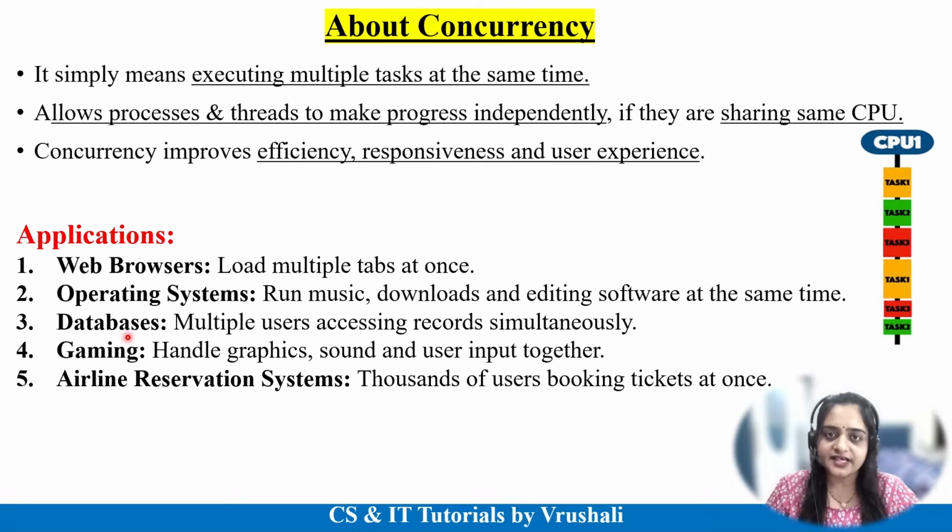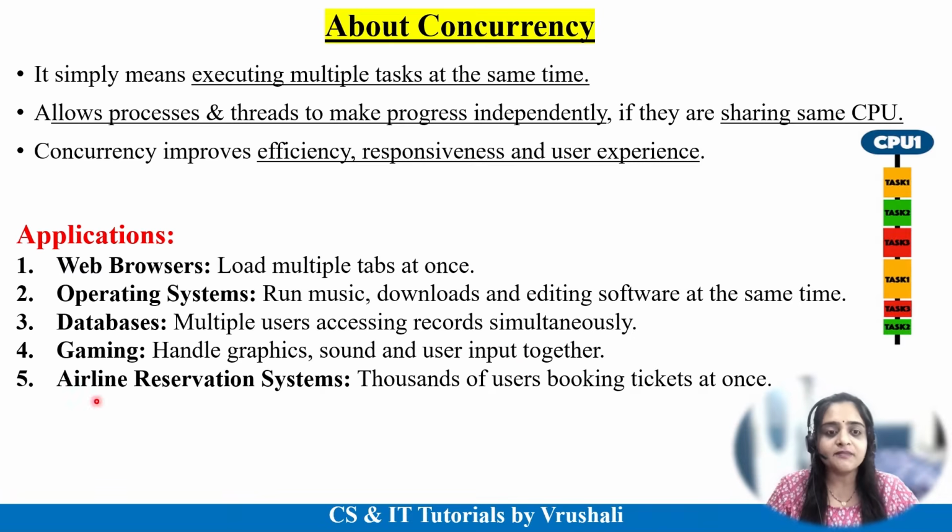Next example is database. In a database, multiple users access the same record, the same database at the same time. So concurrency is there. Again, in gaming, some threads handle the graphics, some handle the sounds, and some threads handle the user input together. Means they perform all the features at the same time. So that's why concurrency principles are used there.